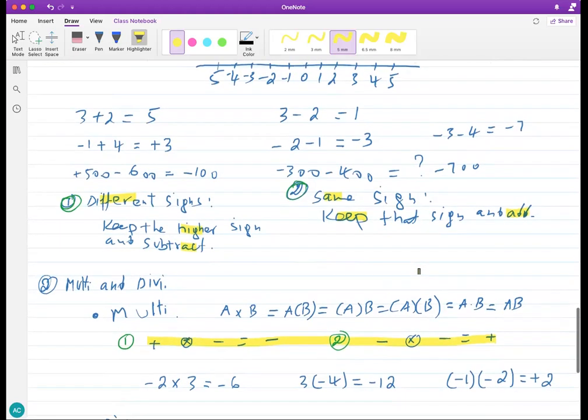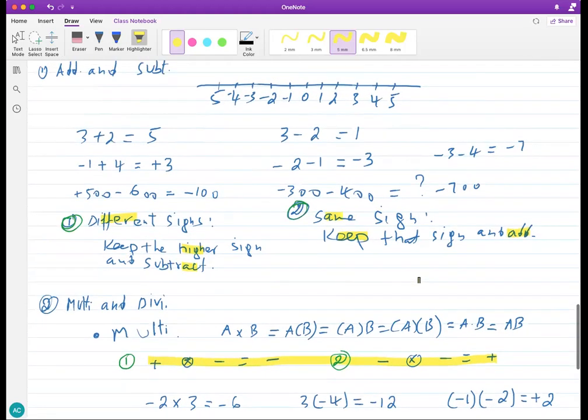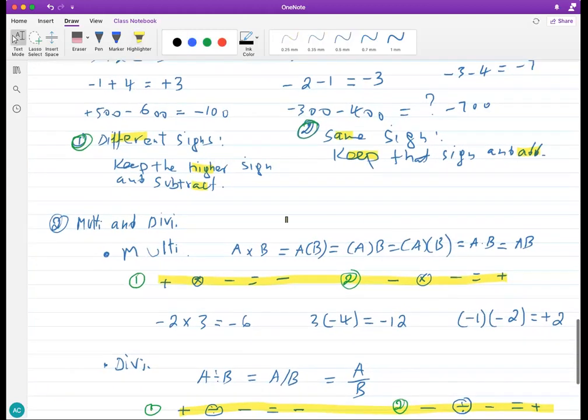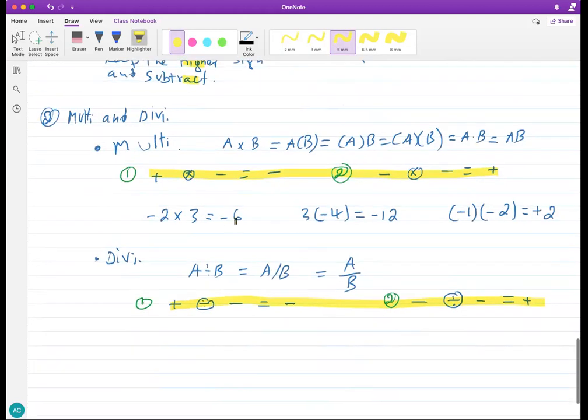To sum this up, I know we've probably seen eight rules or this or that. Forget about that. You just need to remember two rules for multiplication and division. When you multiply or divide the same signs, whether negative or positive, the result is positive. If you multiply or divide different signs, the result is always negative.